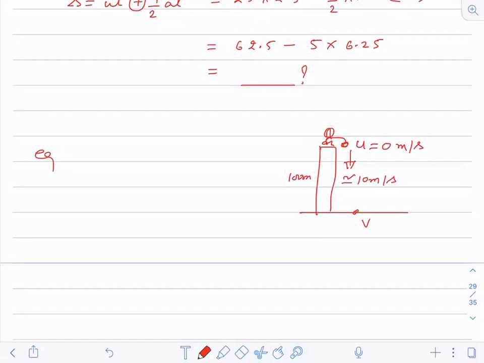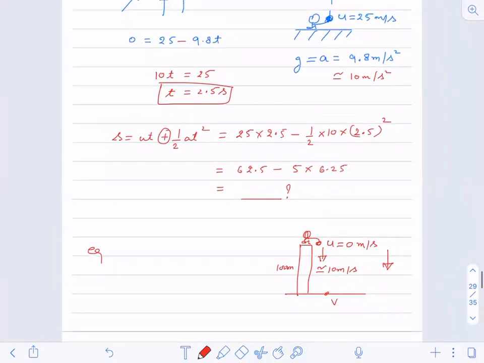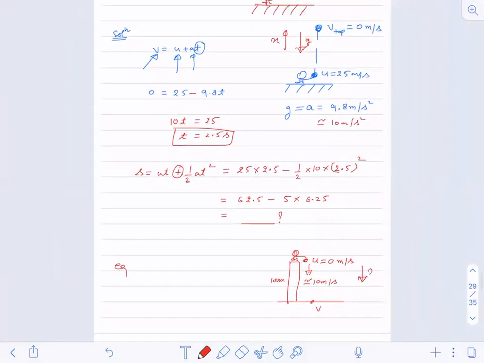What is the displacement? Displacement is also downward. Just try to compare. Here displacement is downward, acceleration due to gravity is downward. Both are in the same direction. Here both are in the opposite direction. So here we have to take both as positive because they are in the same direction.